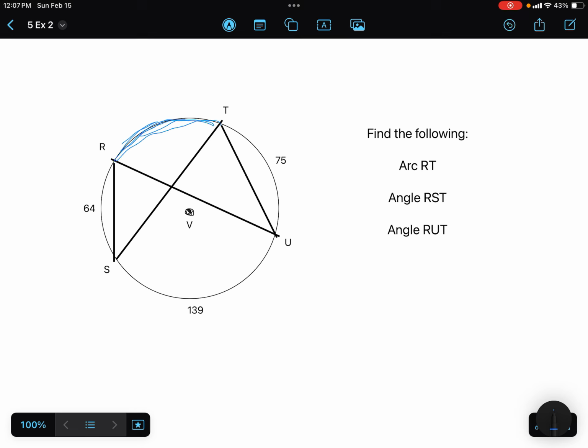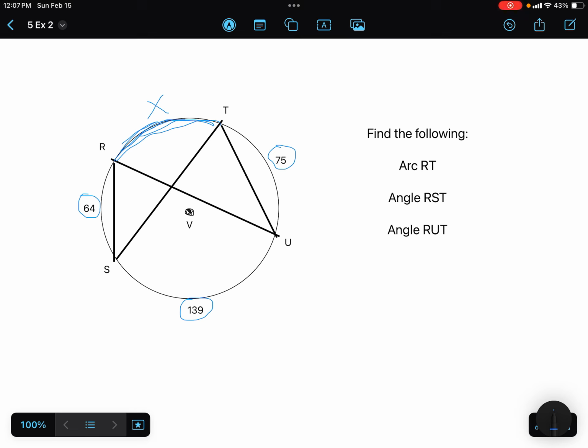Well, if we look around, we see that we have 64 and 139 and 75 and arc RT. And all of those things added up give us the entire circle, 360 degrees.